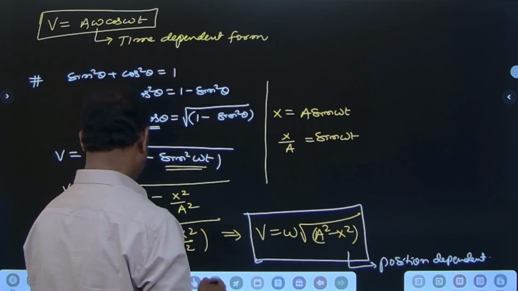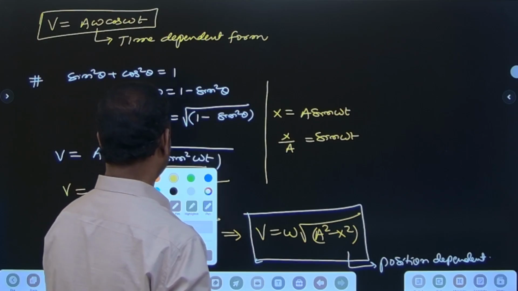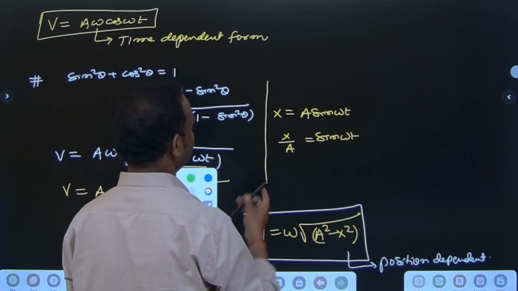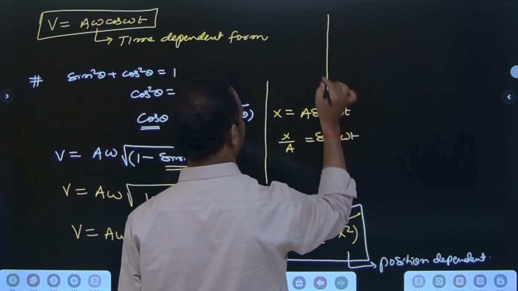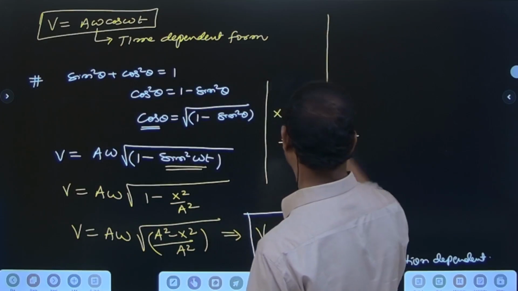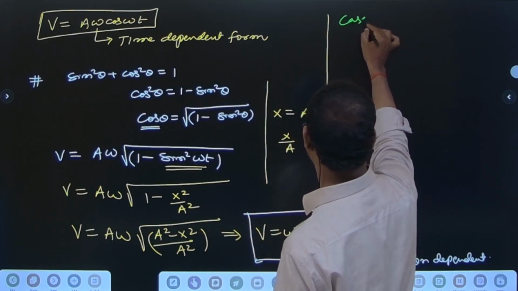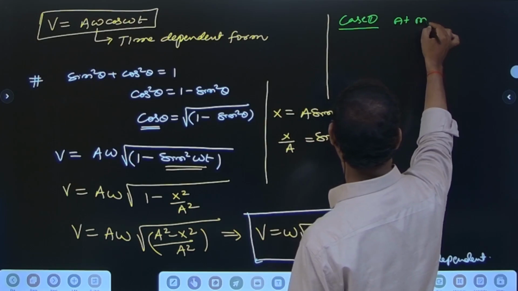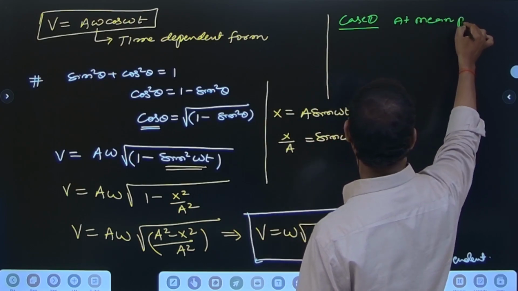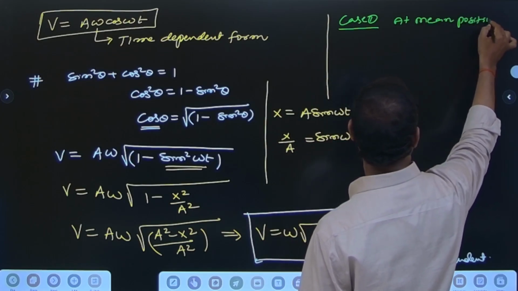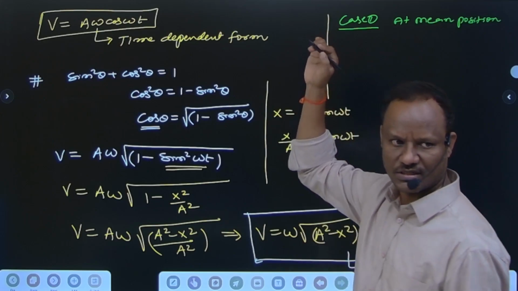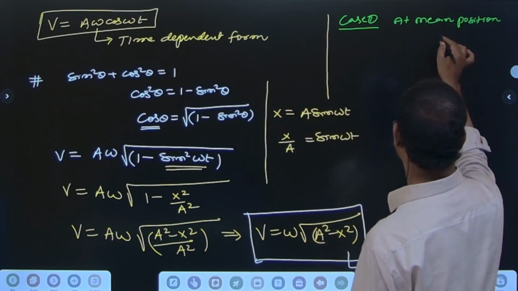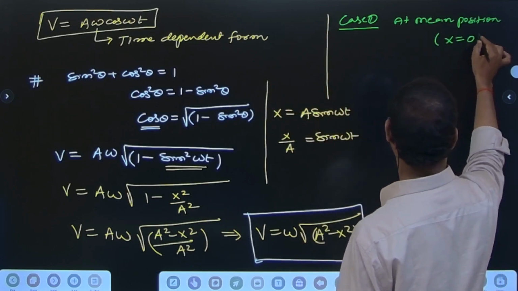Okay, so let me know, where is the velocity maximum and where is the velocity minimum? Velocity is maximum for case 1, at the mean position. Particle started from the mean position means x is equal to 0.